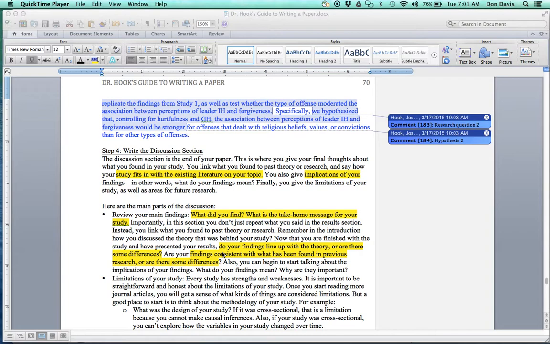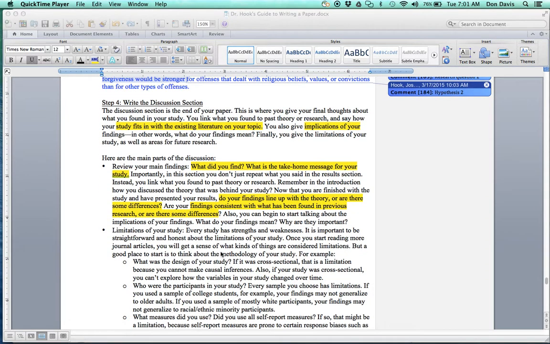But the part that I think can be hard is the first section of the discussion. What you're supposed to be doing is relating your findings to prior theory and research, and what's the main take home point? Why do your findings matter?